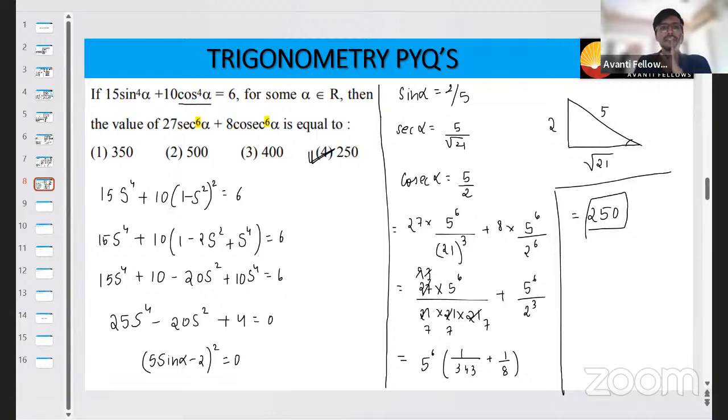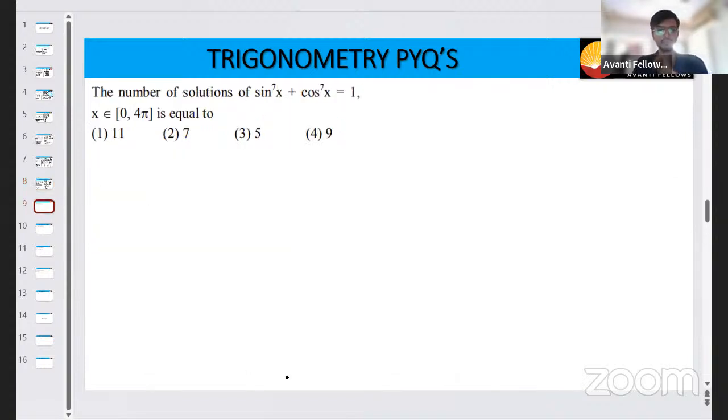Tan alpha is 2 by 5. So tan opposite. Yeah, I think we made an error here. ठीक है. Let's see the next one.